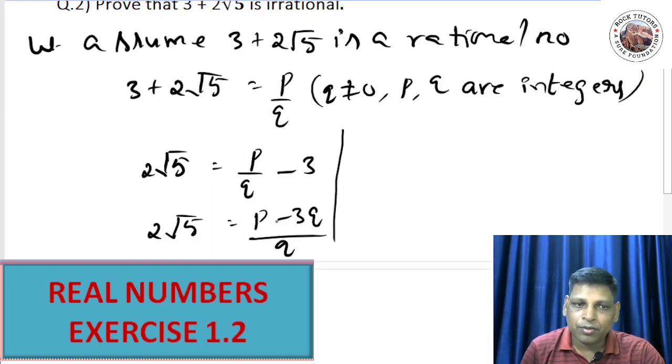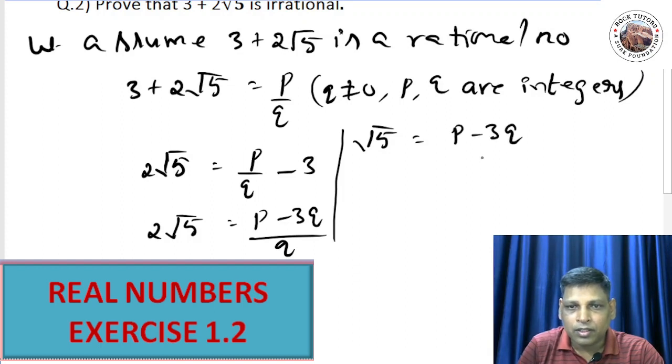Transposing from LHS to RHS, root 5 is equal to p minus 3q by 2q.